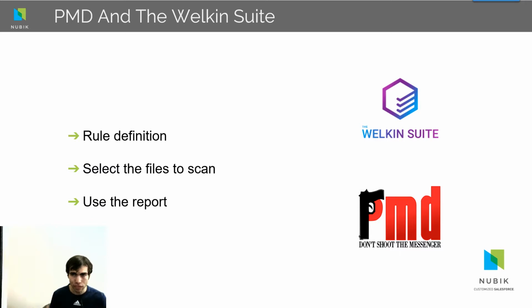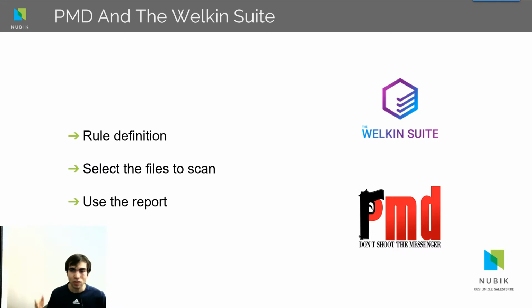First, rule definition. Basically, you will have to define the rules that you want to run. For example, if you want to use just a specific set of rules, say you are interested in naming conventions, you can run just those associated rules.